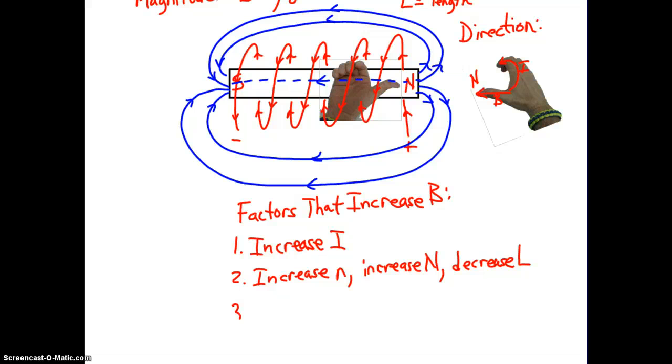The third one is to use a ferromagnetic core.